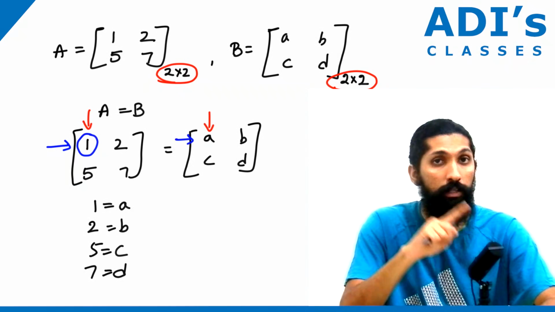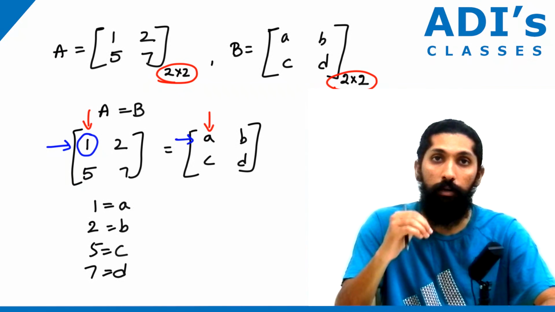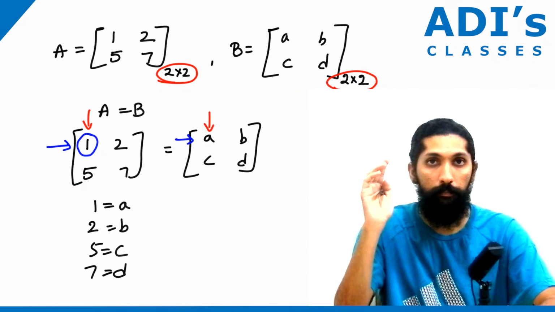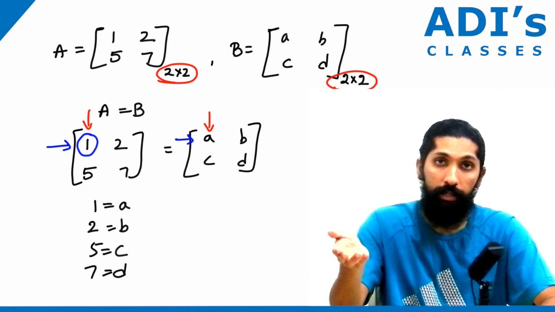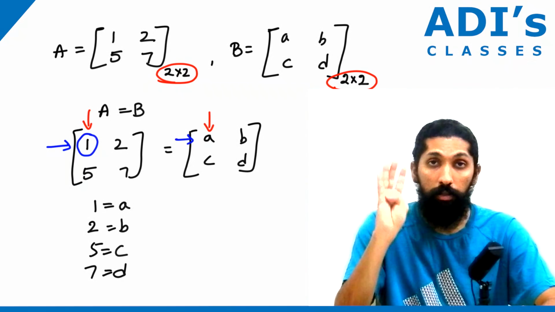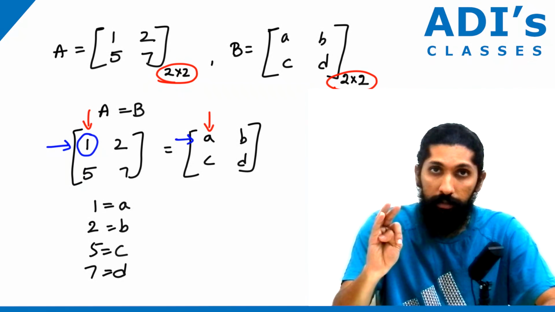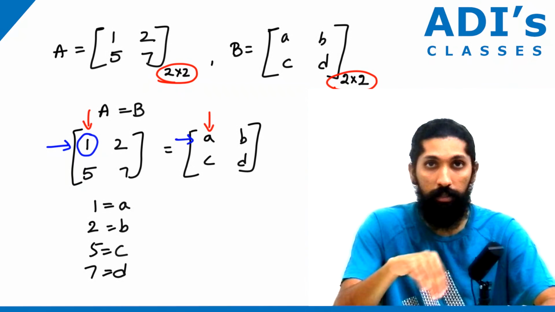Then you can equate the corresponding elements and calculate whatever unknown values you have. Fair enough? In this you learnt what a matrix is, what the order of a matrix is, and also what we mean by equality of matrices, correct?